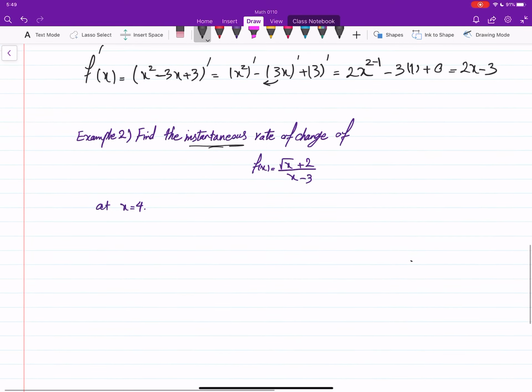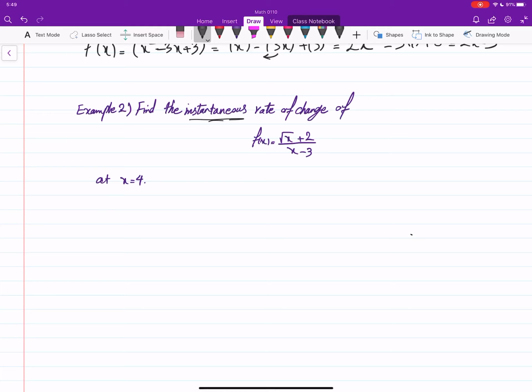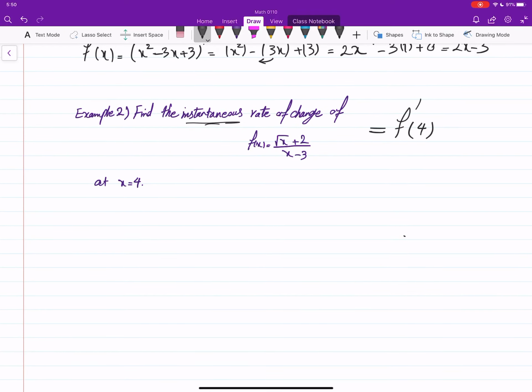Here we are trying to find the instantaneous rate of change, which is equal to f prime at the given point 4. So we have to first find what f prime of x is. This is root x plus 2 over x minus 3, prime.